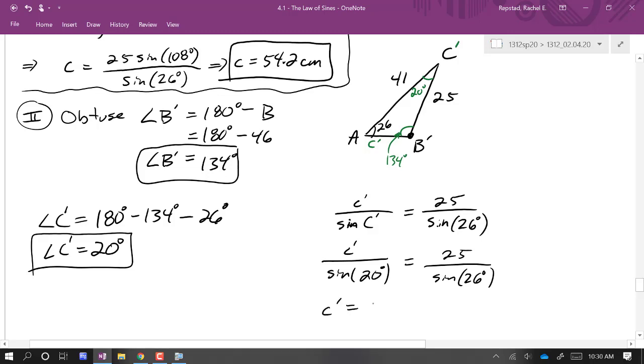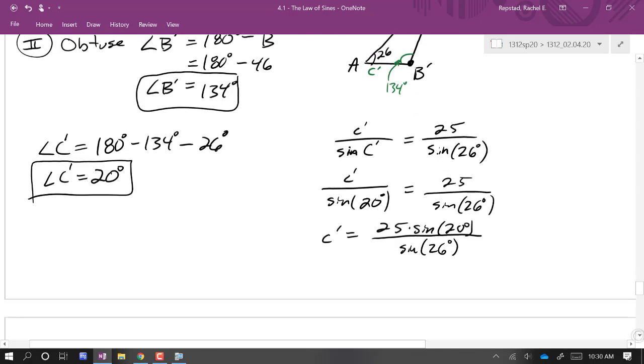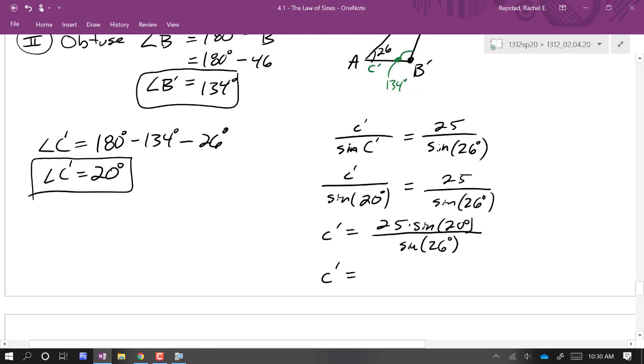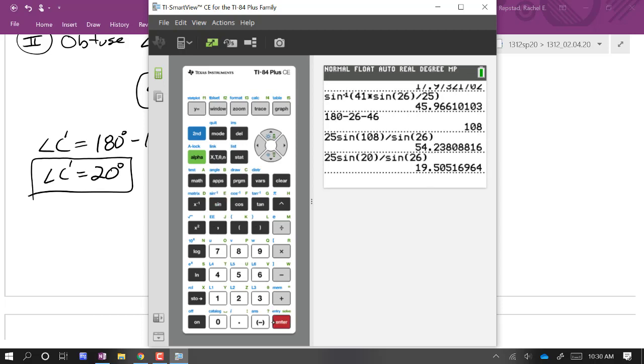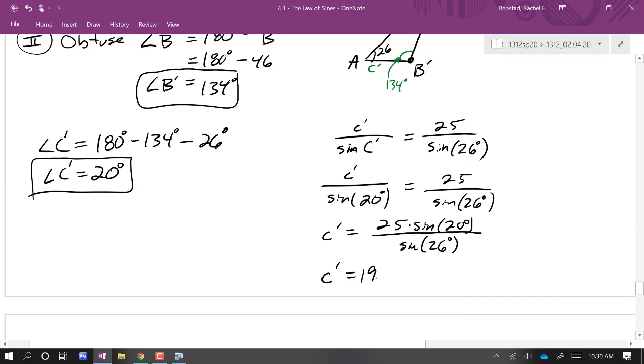So C prime is 25 times sine of 20 degrees divided by sine of 26 degrees, which is 19.5. That is shorter than the other sides, and that's what we would expect because that's the smallest angle.